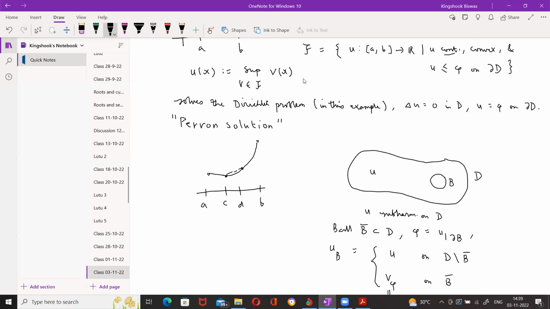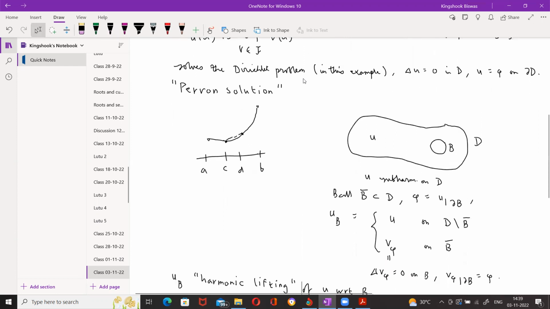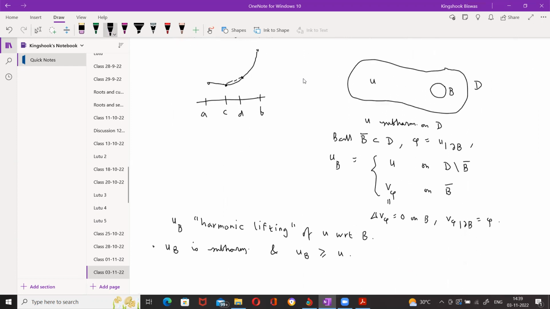So I consider the harmonic lifting of U in a ball B, this function U sub B. By construction, U sub B is greater than or equal to U, but U is the supremum pointwise of the whole family. So that means U has to equal U sub B in this ball. But U sub B is harmonic in this ball. That means U is harmonic in this ball. That's the idea. Is that clear? Yes.